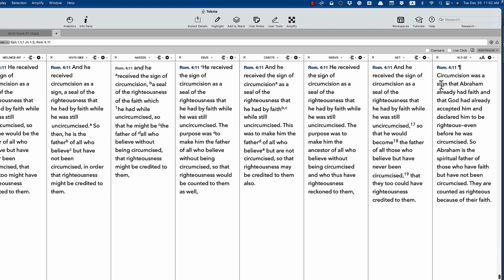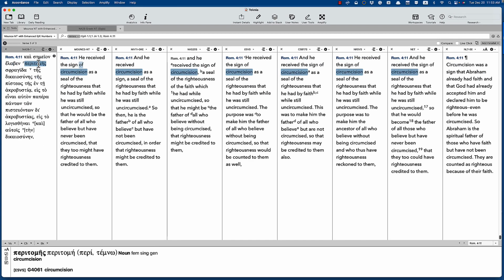So the NLT and the NIV are trying to make it clear that the sign is, in fact, the circumcision. In the case of Romans 4:11, you have a really good example of a genitive of apposition. The head noun is in the accusative. The genitive that's in apposition is telling you a more specific example, a smaller group than the larger group.